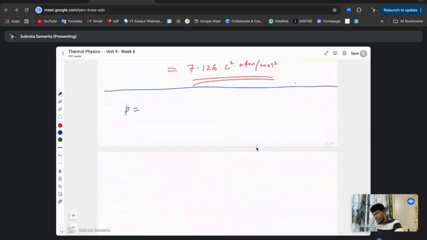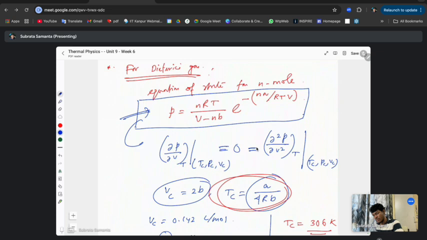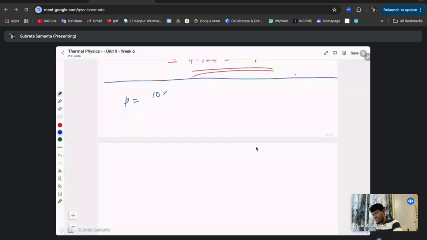So the pressure P is basically given by this equation: nRT over (V minus nb) times e to the power minus na over RTV.